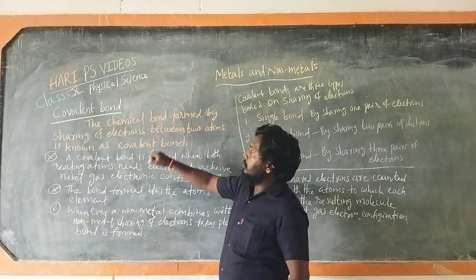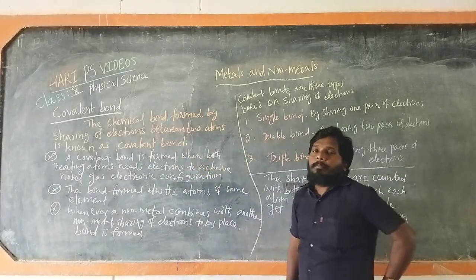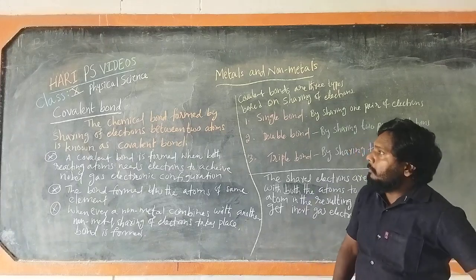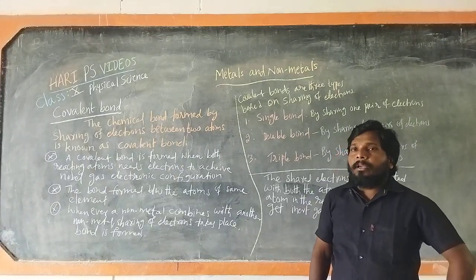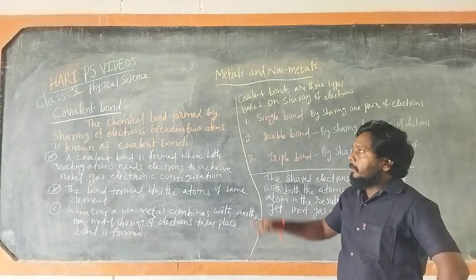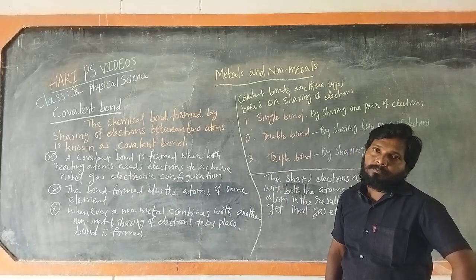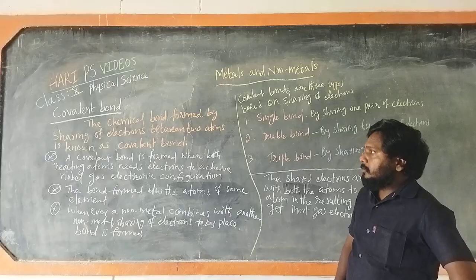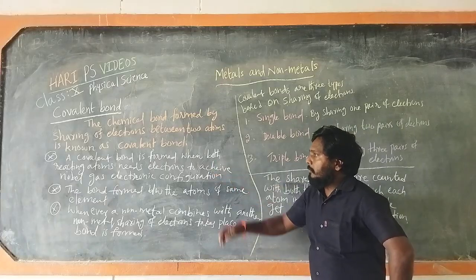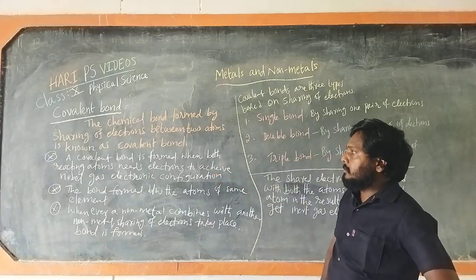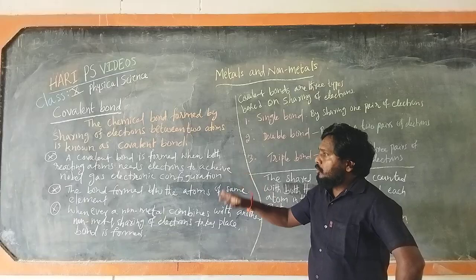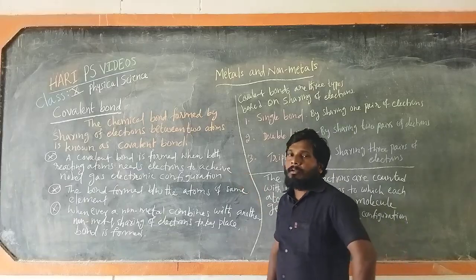Covalent bond. The chemical bond formed by sharing of electrons between the two atoms is known as covalent bond. A covalent bond is formed when both the reacting atoms share electrons to achieve noble gas electronic configuration.